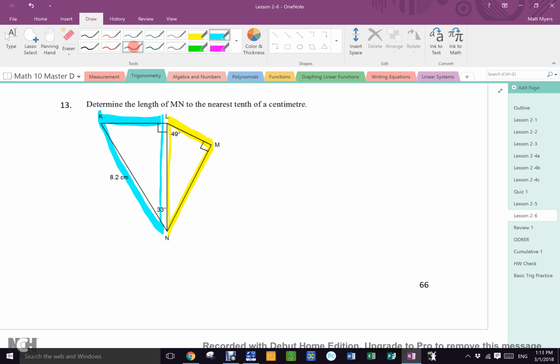Yes, let's do that. We're going to work in blue. What's my blue theta? 33. What else do I know about blue triangle? The hypotenuse is 8.2. What do I need? There's two other sides, one of which will not help me. One is what I need.